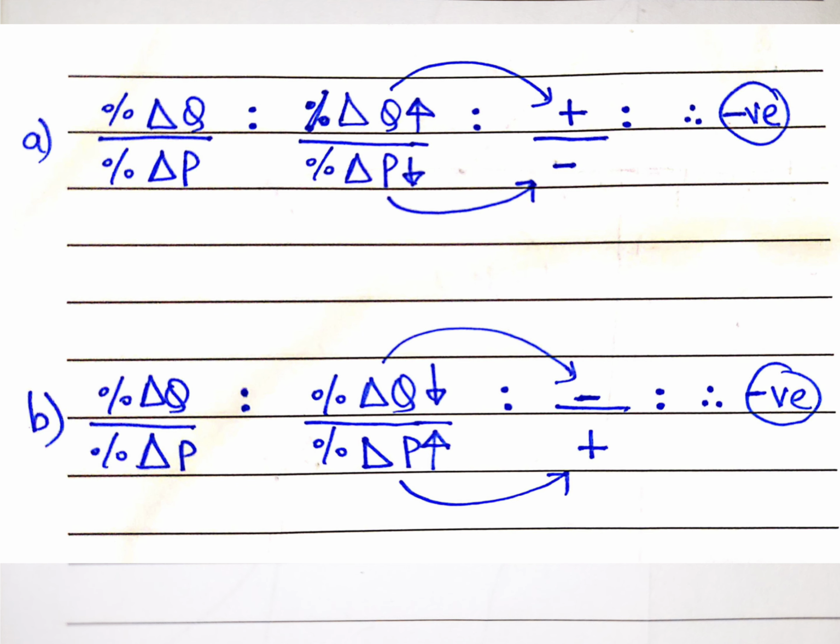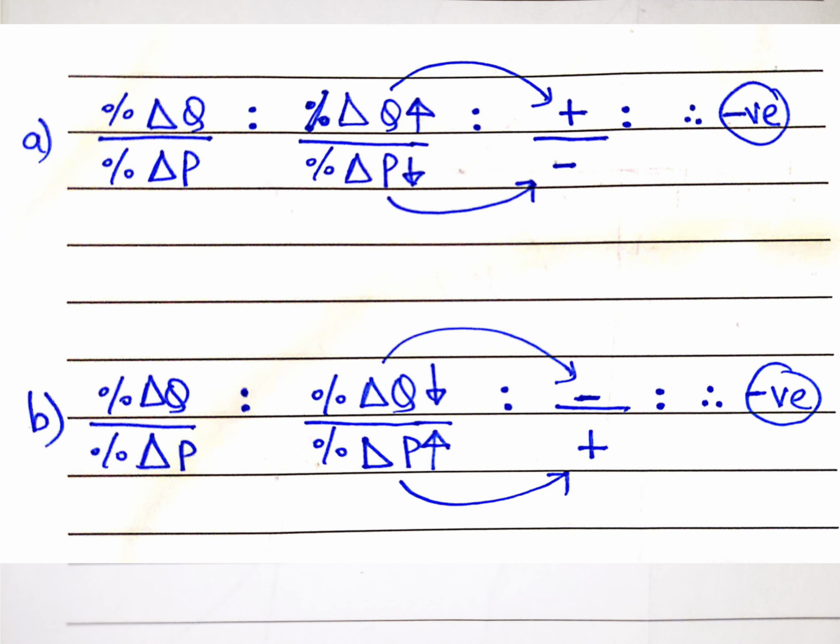Now notice that in situation A, the price is falling, which is indicated by the downward facing arrow, and obviously when price falls, we know that quantity demanded is going to rise. So that is indicated by the upward facing arrow. So this means that in the numerator, we're going to have a term that is positive, and in the denominator, we're going to have a term that is negative.